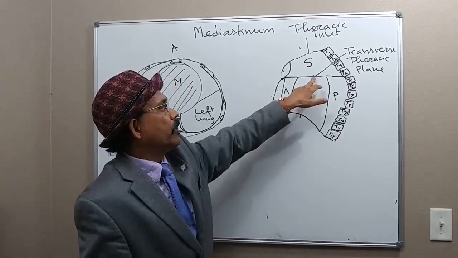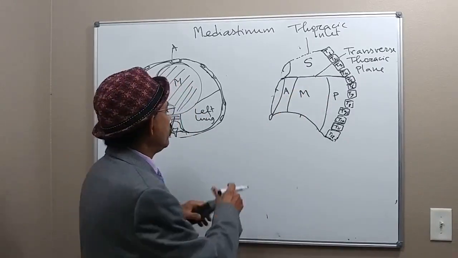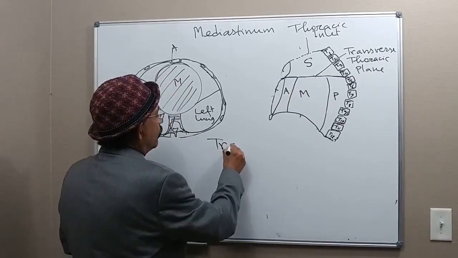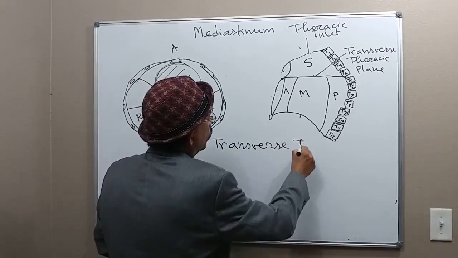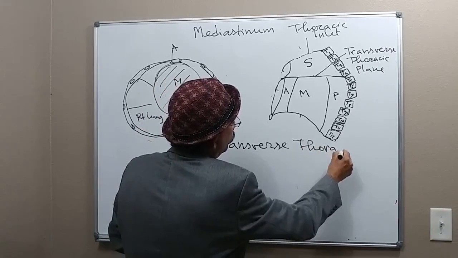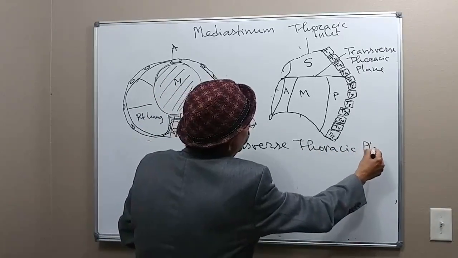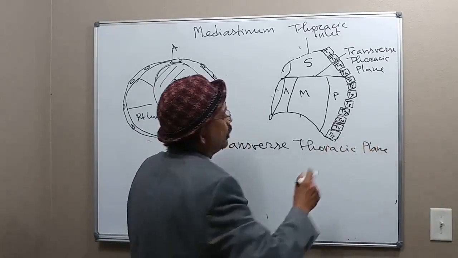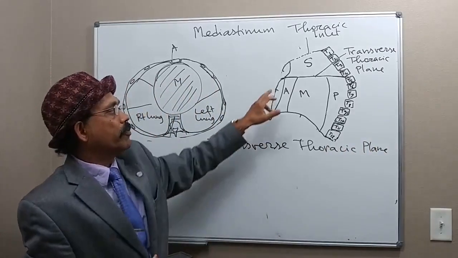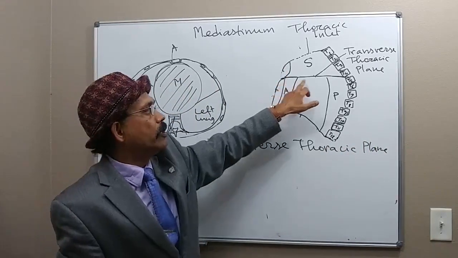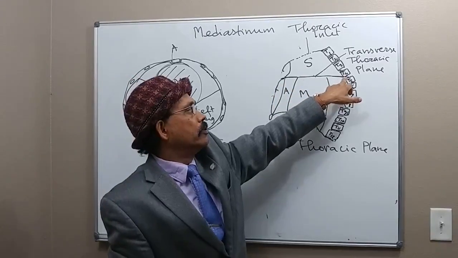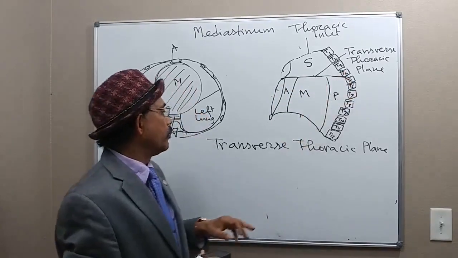A lot of things happen in the transverse thoracic plane. This plane is an imaginary horizontal plane from the angle of Louis or manubriosternal joint anteriorly to the lower border of the T4 thoracic vertebra.